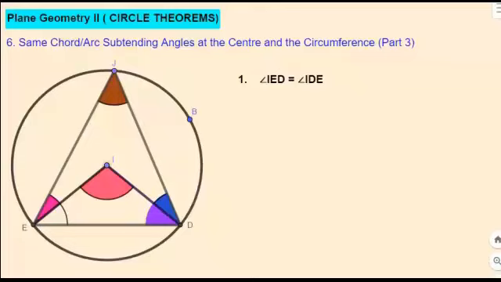We are going to draw a line to connect the point J on the circumference of the circle to the center of the circle, that is I. The line is drawn.